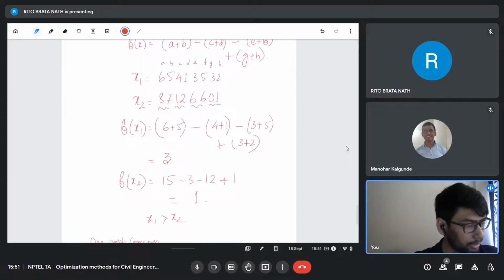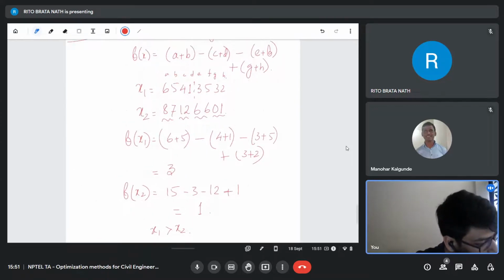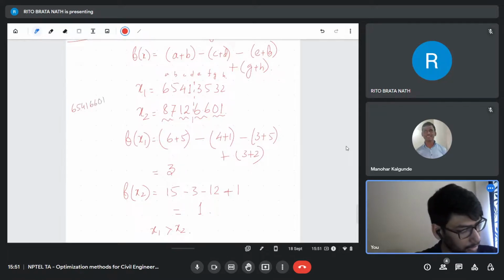For that, you just break it from here, and the children that you will create will be 6541, then 6601. And the other solution that you will create is 87123532. So you can think of this as x3, and this could be your x4.